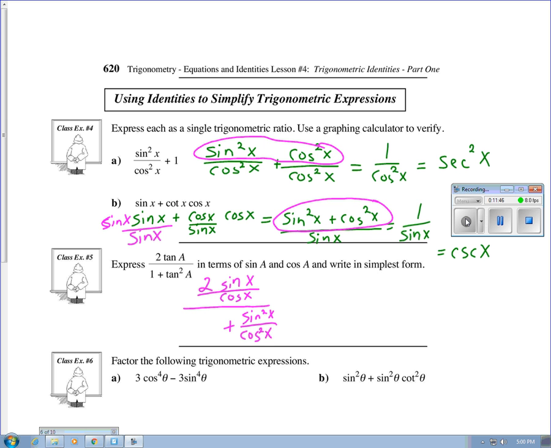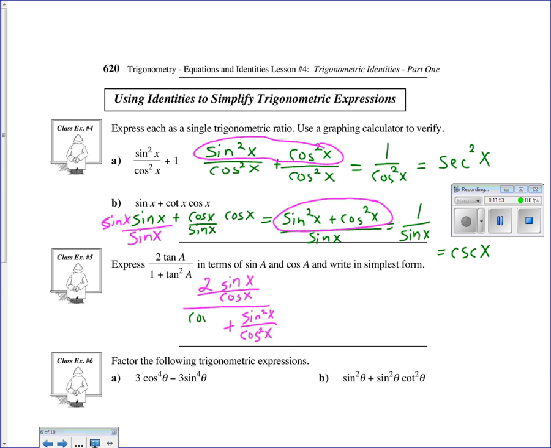It seems to make sense to me to make it cos squared over cos squared. So writing that as cos squared x over cos squared x makes sense based on our previous work, because I can now write 2 sine x over cos x in the numerator, divided by a single denominator, cos squared x. But I've got cos squared x plus sine squared x. Well, that's cool. That's 1.